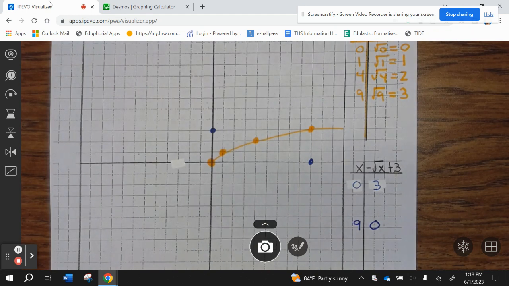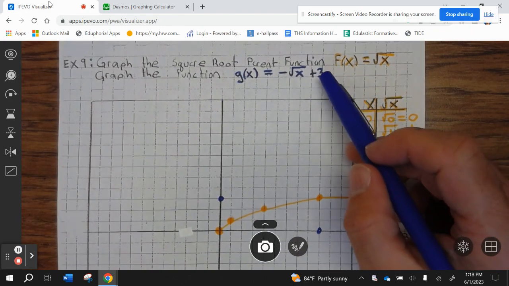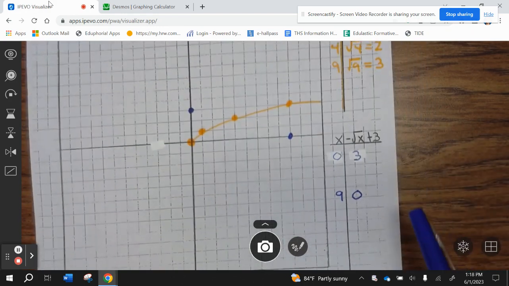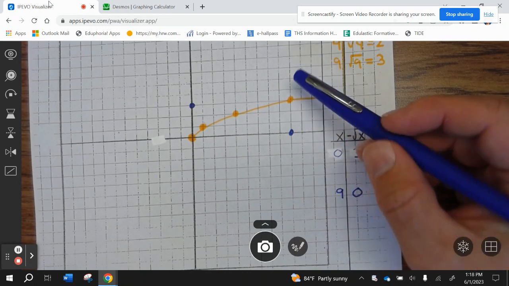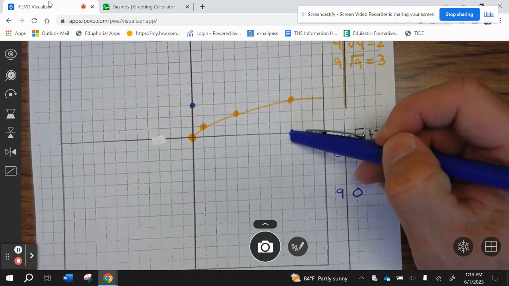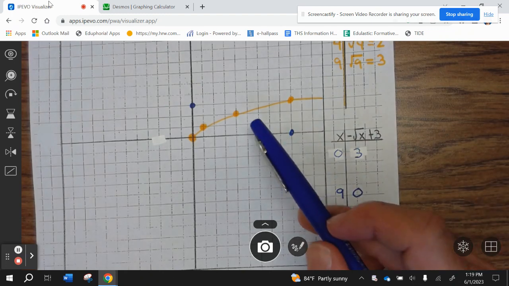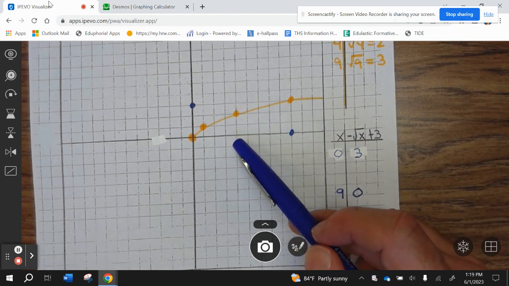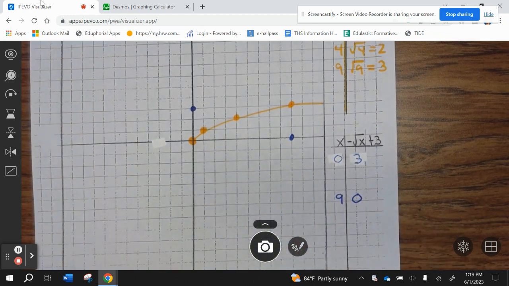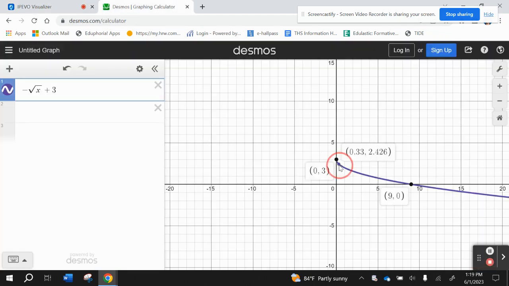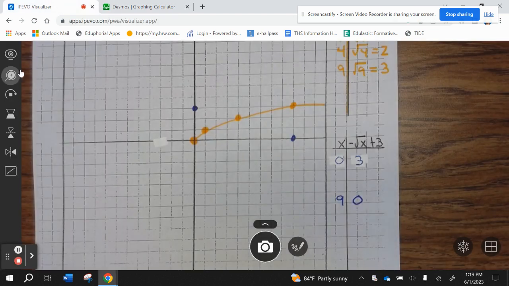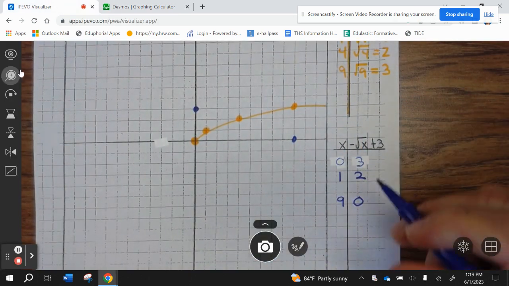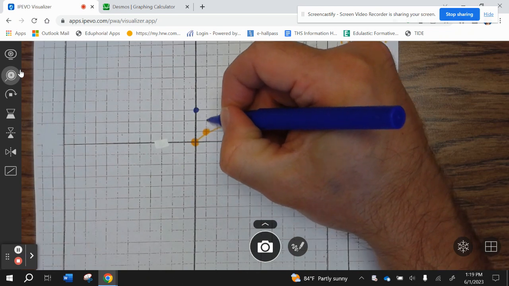Okay, so let's figure out and understand what's happening with the transformation. It goes up 3 and we reflect. Okay, so this point went up, right, and then reflected. Okay, so this point needs to go up and then reflect, and then this point needs to go up and reflect. Okay, so let's see. 1, 2 is our next point.